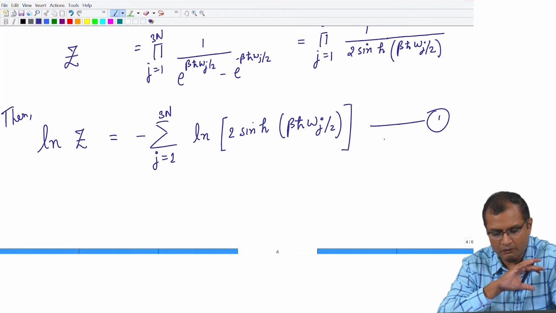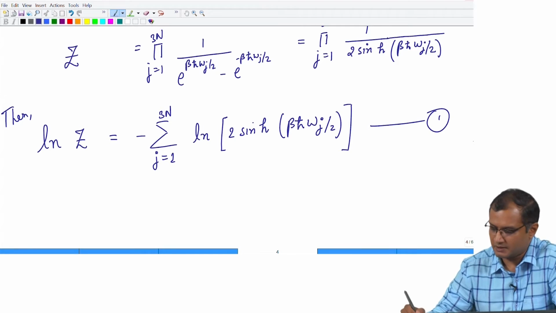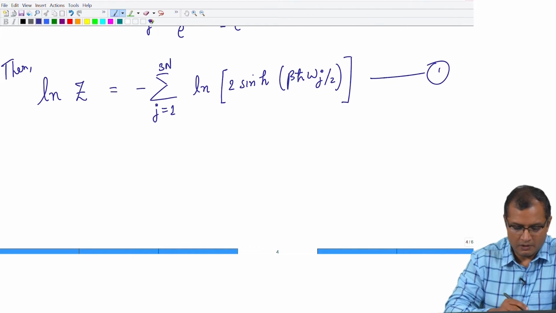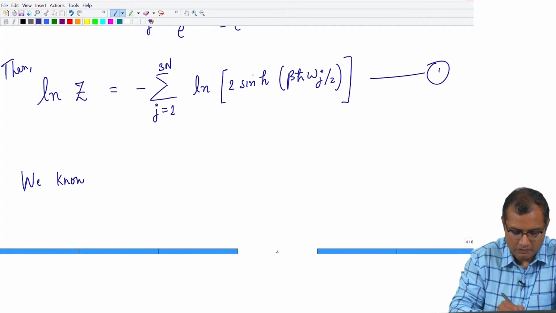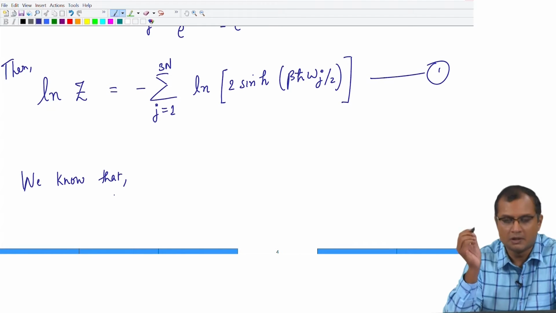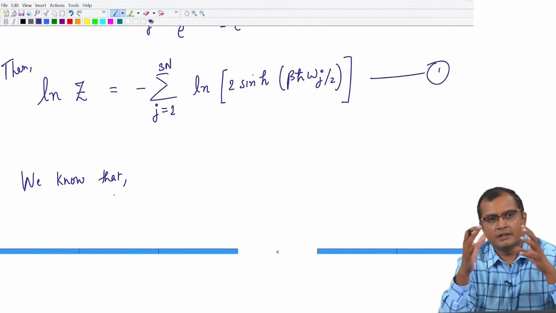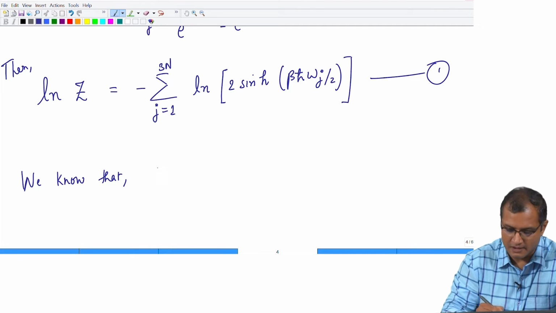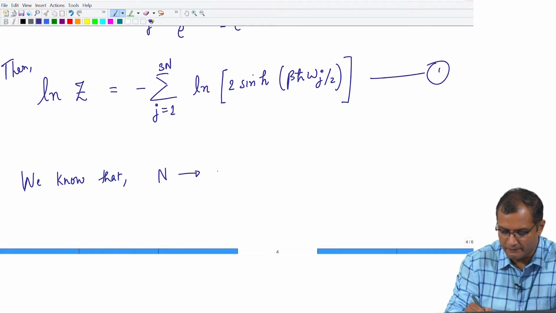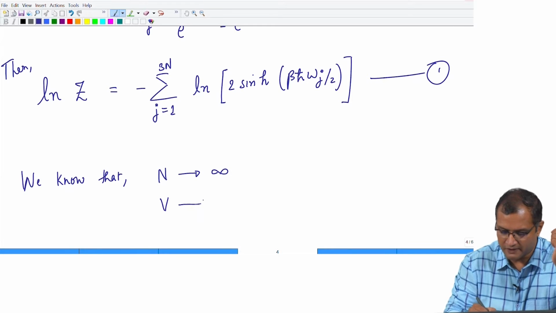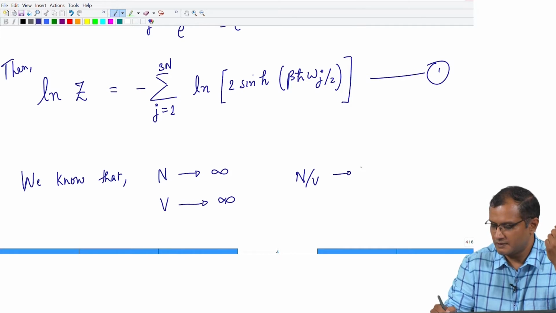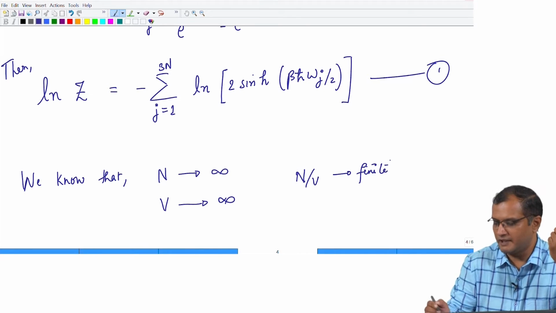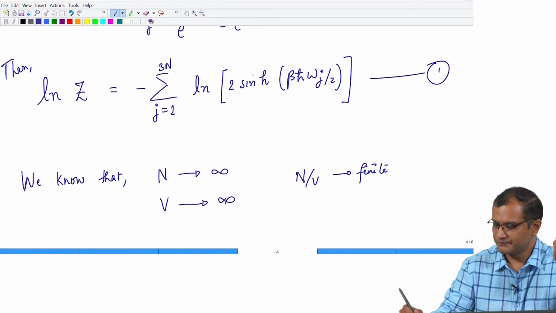What you want to do from this onwards is take your system to be very large. So as n goes to infinity and your volume goes to infinity such that your number density becomes finite, you have a well defined homogeneous density.